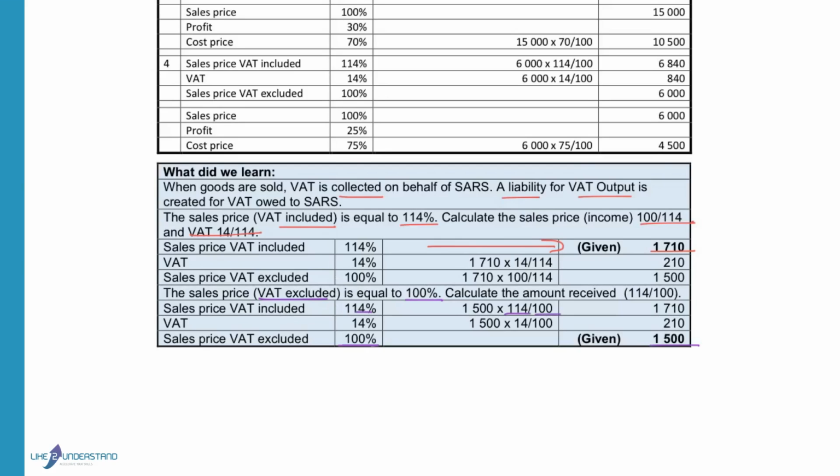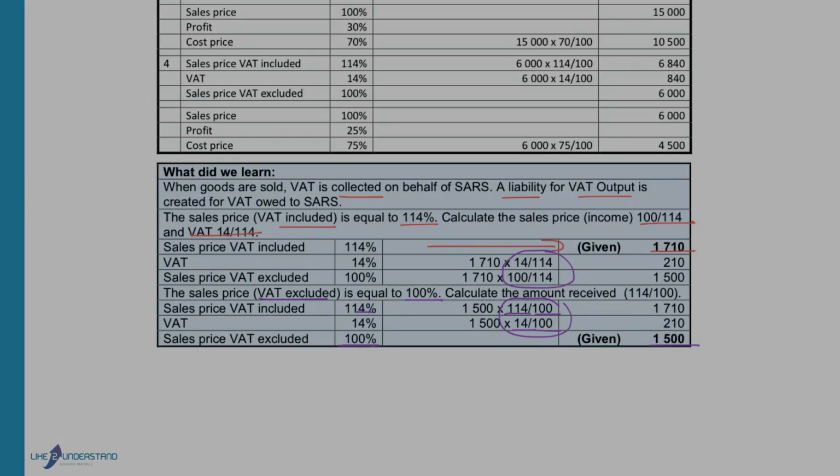If we want to calculate the VAT, it will be 14 divided by the one given, 100. So you can see that the calculation is done totally different depending on whether the VAT inclusive amount or the VAT exclusive amount is given. It's very important to read the information carefully and determine what information is actually given.